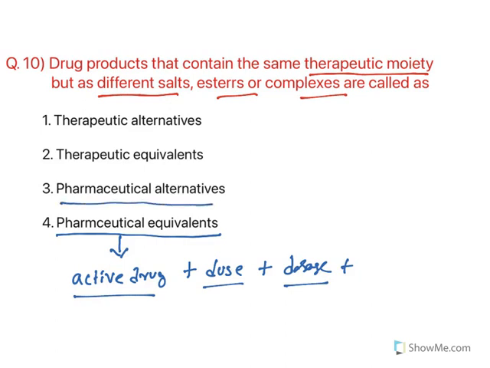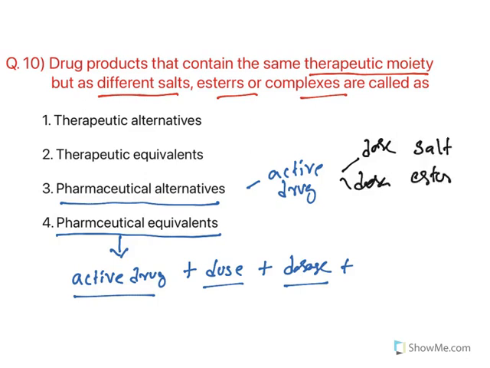Whereas pharmaceutical alternative means they will have the same active drug, but there could be a difference in dosage or salt or ester. Let me give you one example. You know tetracycline.